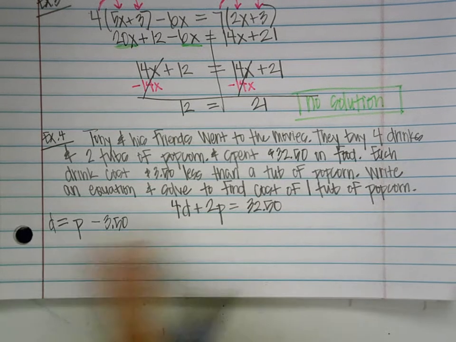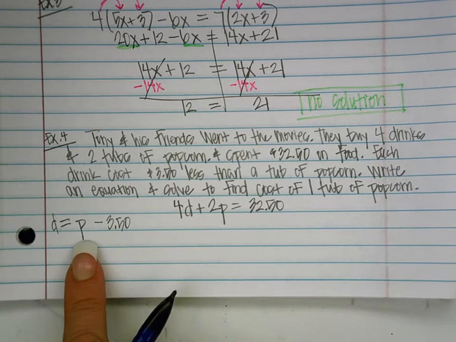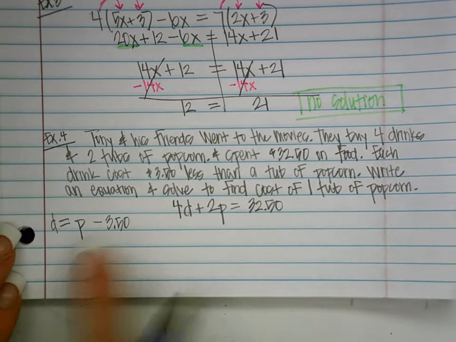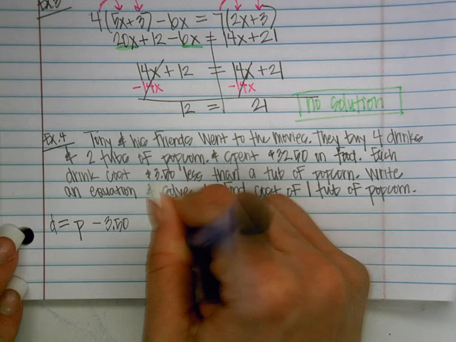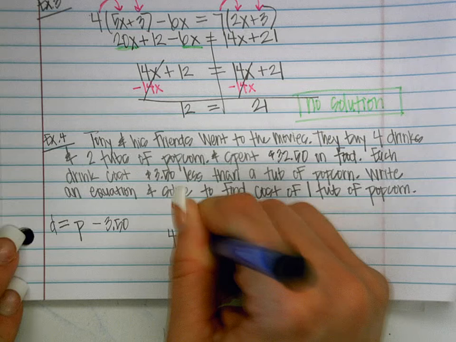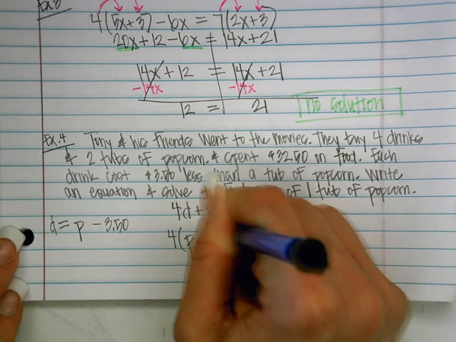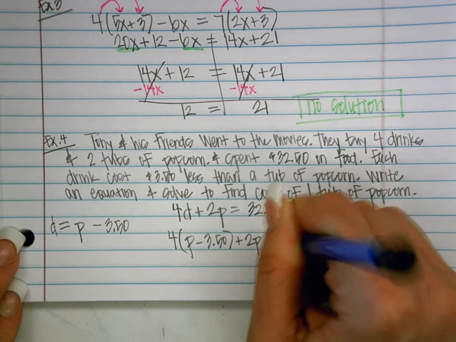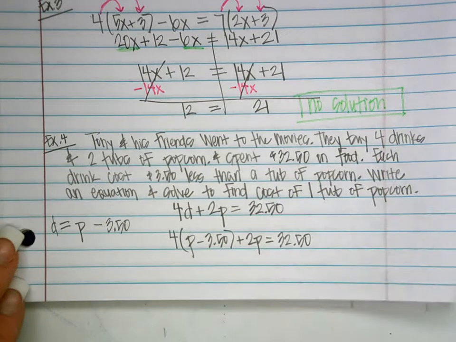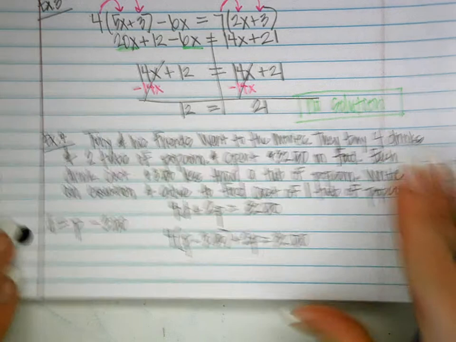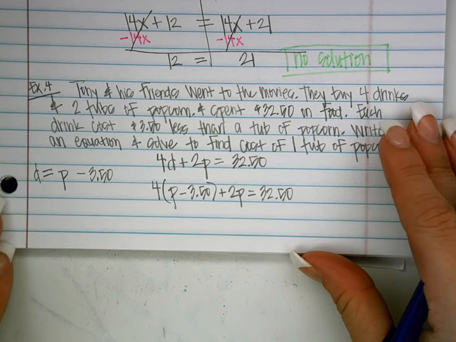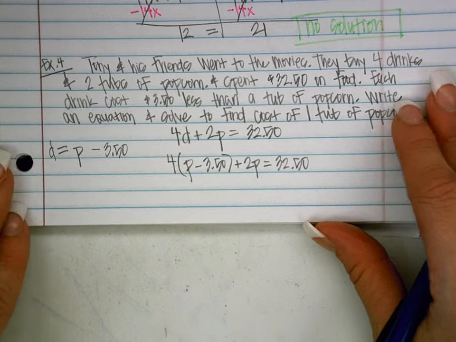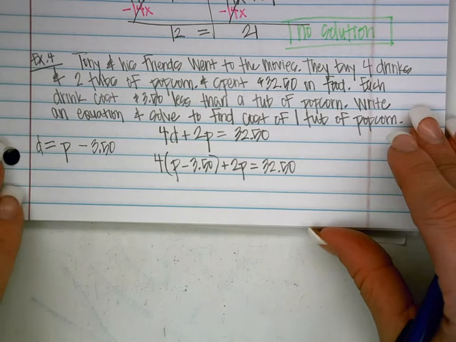Instead of writing D's, let's write P minus $3.50. So this is really 4 times a popcorn minus $3.50 plus 2 popcorns equals $32.50. Then you can solve. We want to write these in what's called one variable. You don't want to use 2 different letters.